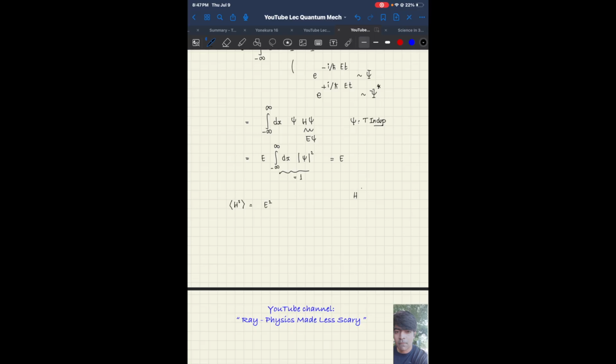Because H acting on H of psi is H acting on E psi, but E is just a number. So you would have the same thing, E square times the integral dx mod psi square, which is equal to E square.